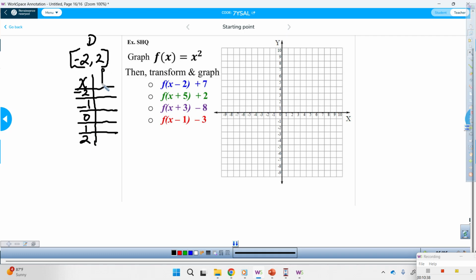And then we need to find our f of x. -2 squared is +4. -1 squared is 1. 0 squared is 0. 1 squared is 1. 2 squared is 4. And you graph that: -2, 4. -1, 1. 0, 0. 1, 1. 2, 4. And we label that f of x.